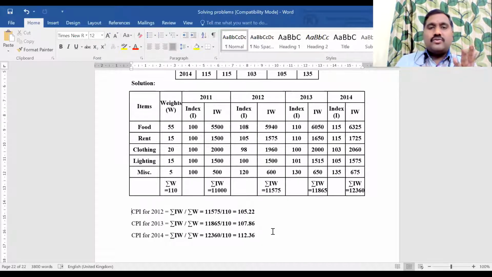I already told you, in the fifth unit you don't need to worry about the formulas. Sir, all these formulas are confusing. I already told you, the index number formula is summation P1 divided by P0, P1 by P0. By adding other terms, you will get the formulas for the different methods.